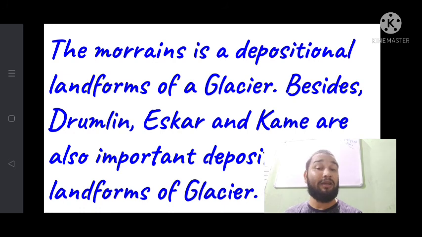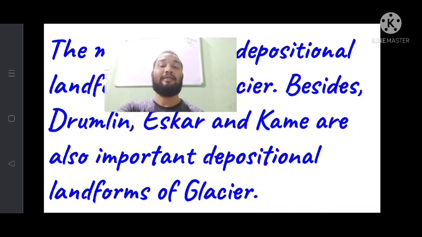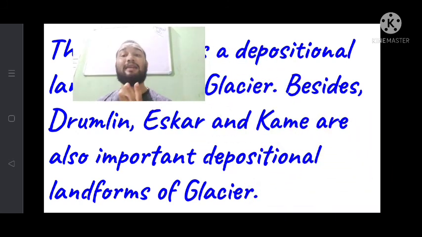Drumlins are one type of depositional landform created by the glacier. Esker is also one type of depositional landform, and kem. It is also an important depositional landform created by a glacier. Drumlin, esker, and kem. These three are also important landforms created by the glacier.